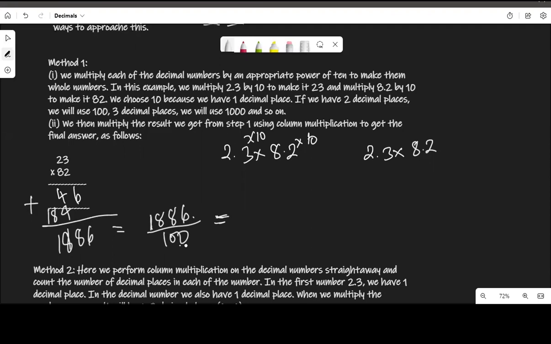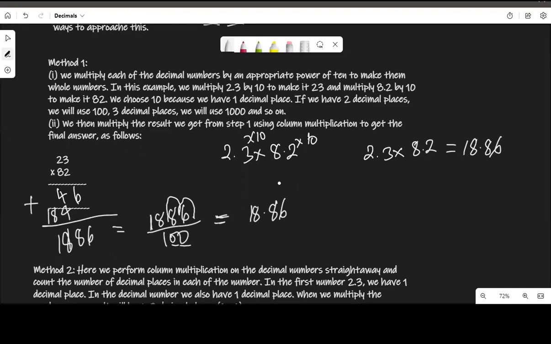Why two places? Because I have two zeros. So if I move this like this and like this, my answer is 18.86. So the product of 2.3 and 8.2 is 18.86. If you are not sure, you can pick up your calculator and do the product.